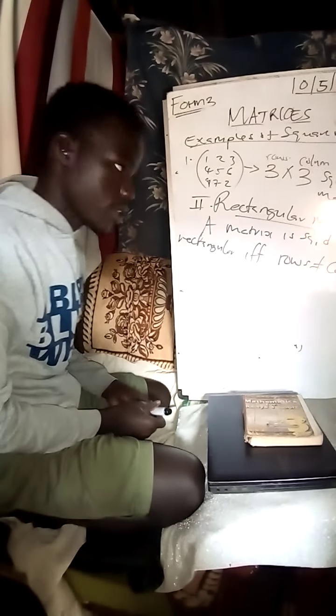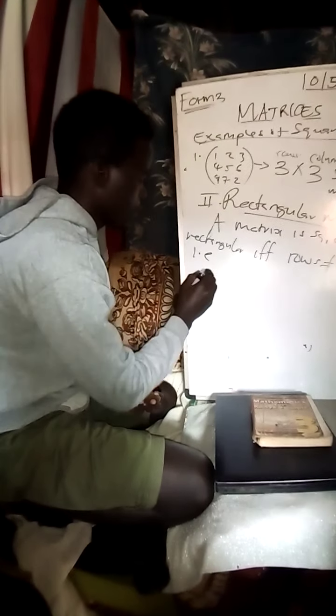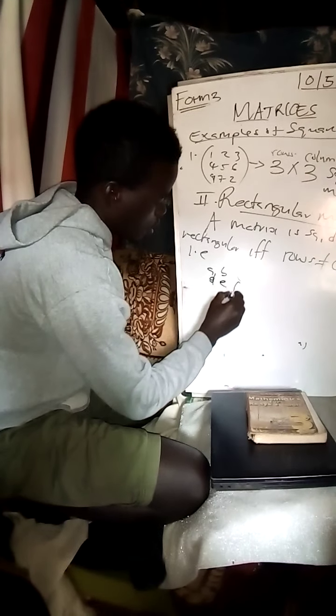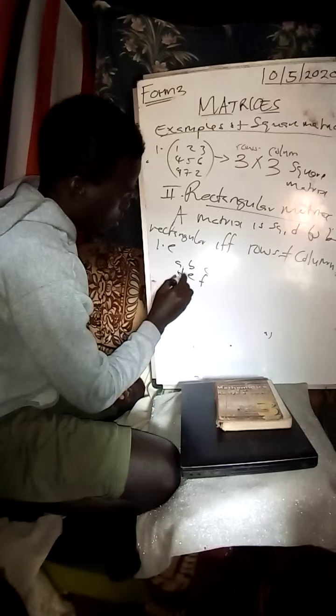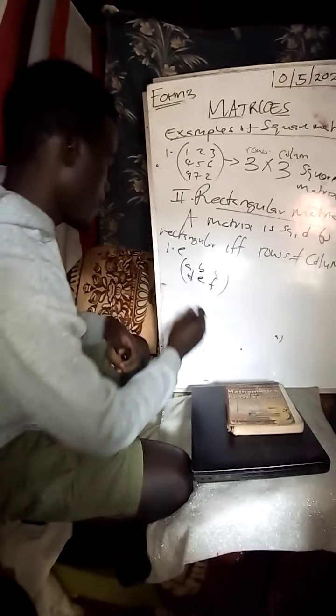That's when we say a matrix is said to be rectangular, i.e., A, B, C, D, E, F. This one is a rectangular matrix.